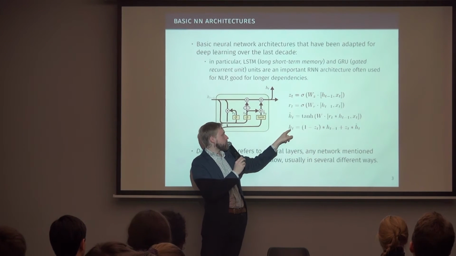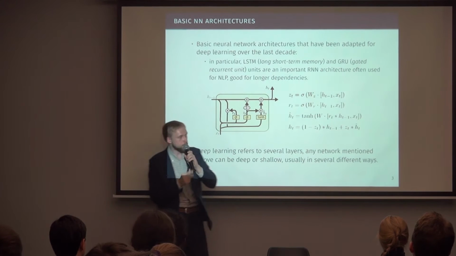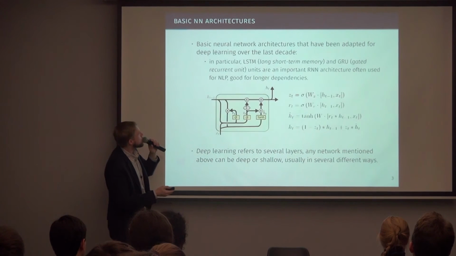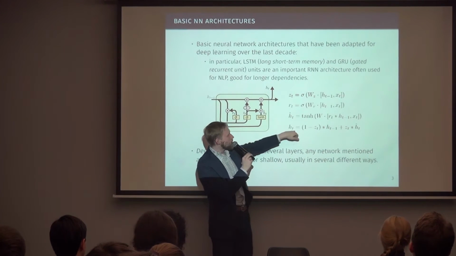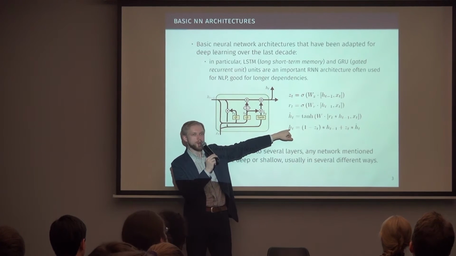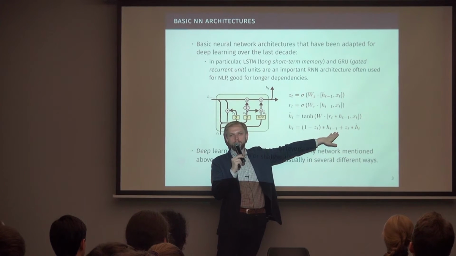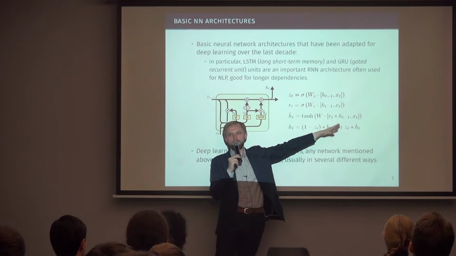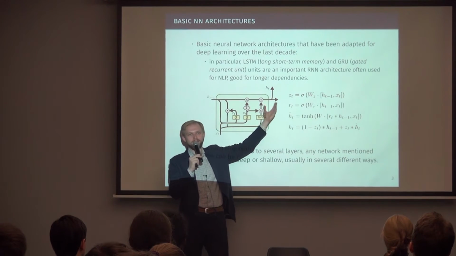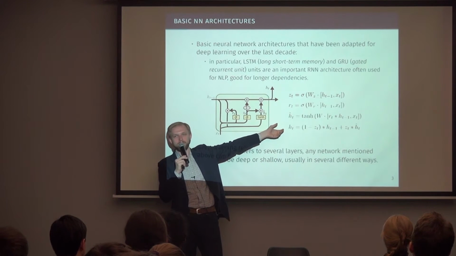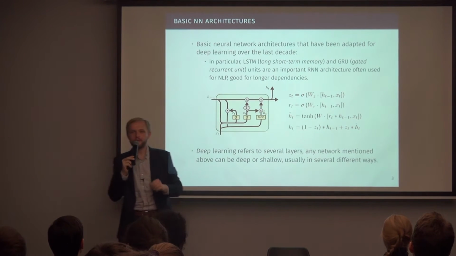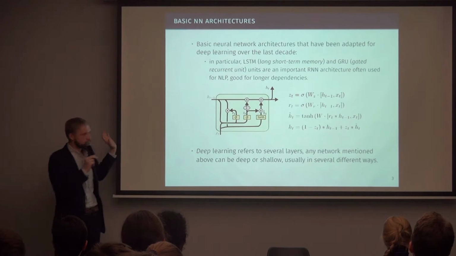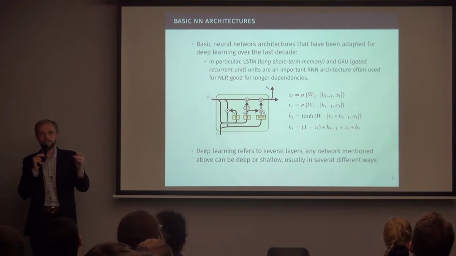But the basic idea is that if you take the partial derivative of ht by ht minus 1, you get a 1, plus something new if the unit actually decides to replace its memory. And if it does not want to replace its memory, then the gradients will just flow through with no change. Okay.